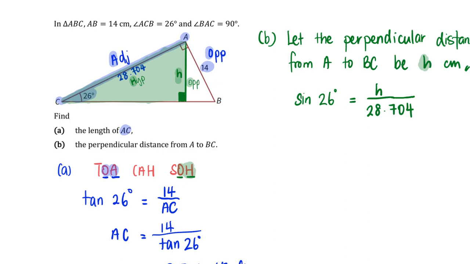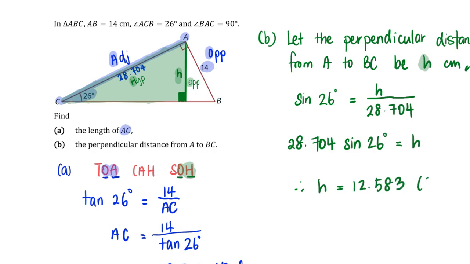So all we have to do is to multiply 28.704 to both sides. And I will get my answer. Okay. .583 to 5 significant figure. Final answer 12.6 cm 3SF.